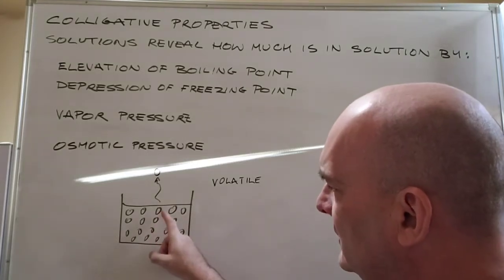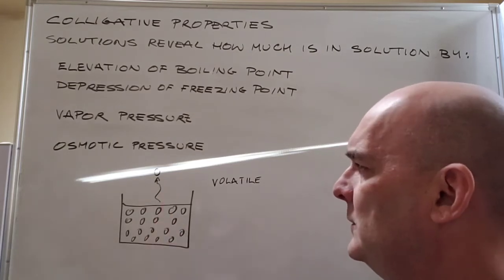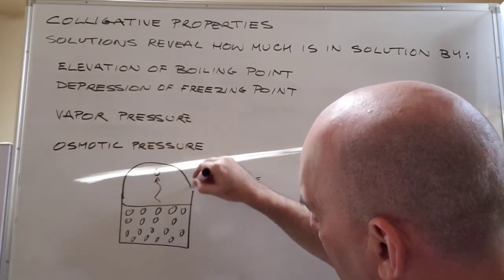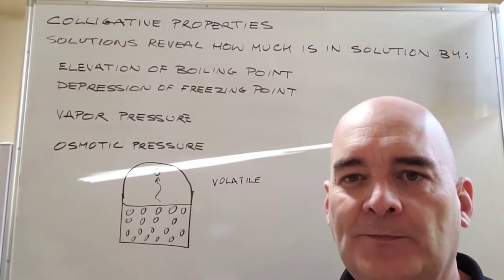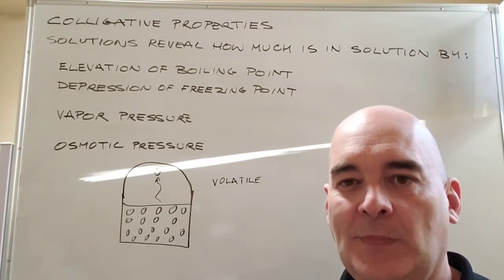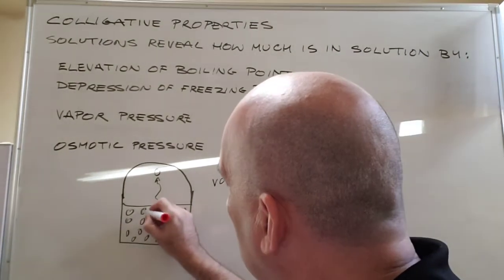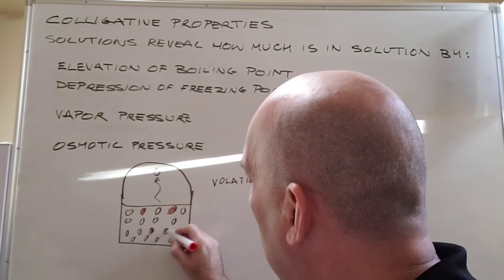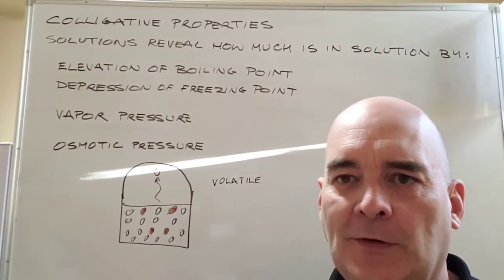So all the liquids push a small amount of their molecules into the gas phase. And if we closed this up and sealed it, I would be able to measure the pressure that the liquid is exerting above its surface. That's called the vapor pressure. And every time I add an impurity, I make the process of vaporization a little bit more difficult.